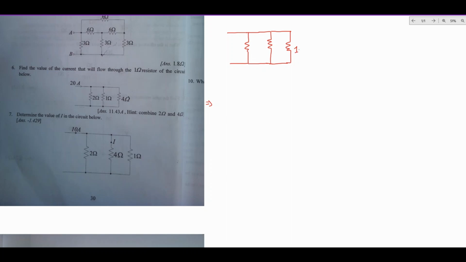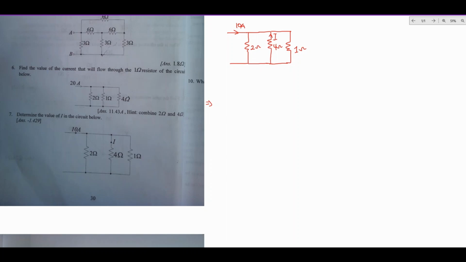I have 1 ohm here, we have 4 ohms here, we have 2 ohms here, and then the current from the source is 10 amperes, right? And then we have I here. The question says: determine the value of I in the circuit below.